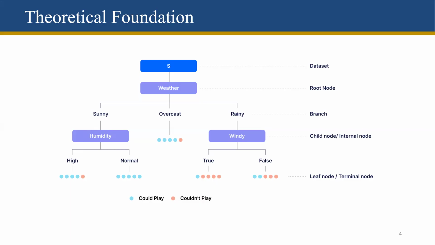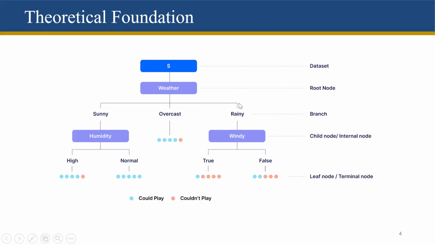So probably there's a chance of rain falling. So you see that we are making sense out of this. You see that the could play is there, and also there's a little bit of couldn't play because it can lead to rainfall or some unfavorable condition. And then we have the normal where we have couldn't play because the humidity is up there.